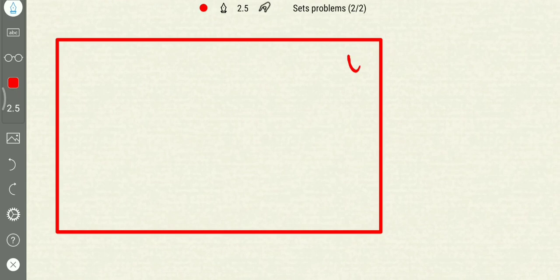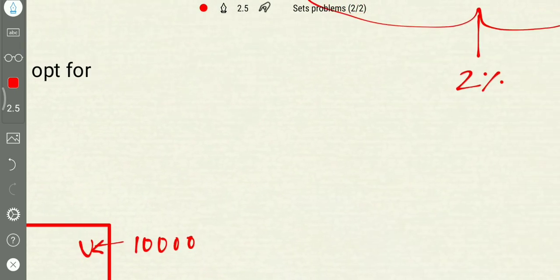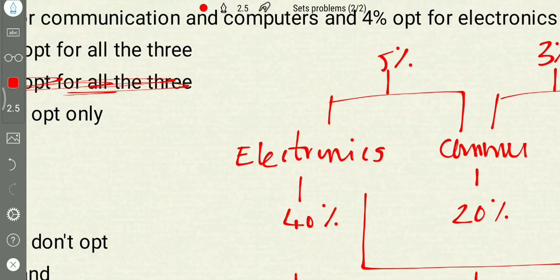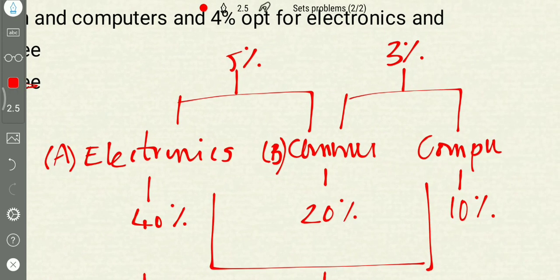This is U, and total how many students are there? There are 10,000 students. And let me allot the alphabets: let electronics be A, communication be B, and computers be C.